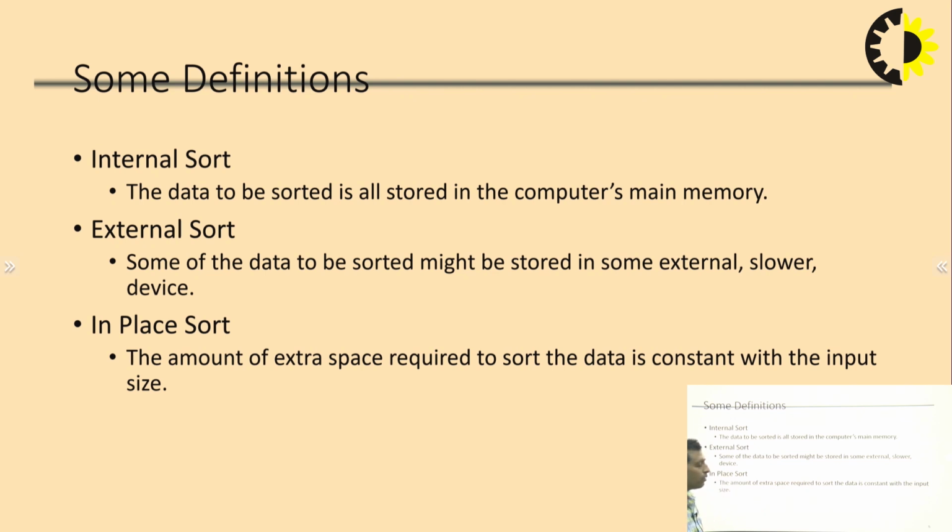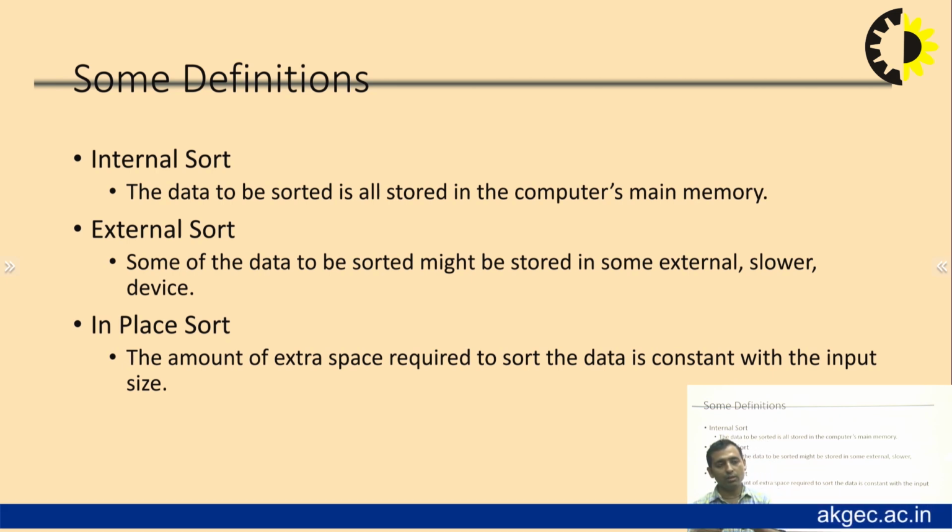And in place sorting, in this scenario, the amount of extra space required to sort the data is constant with respect to the input size. It means during the sorting process we do not require much more space with respect to n. If there are n data items, then in the sorting process we don't require additional storage proportional to n.